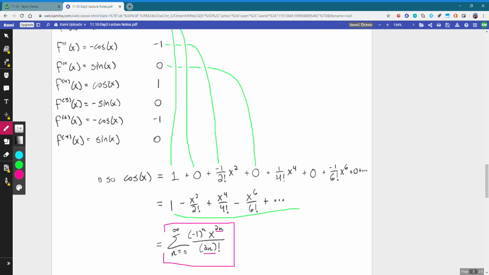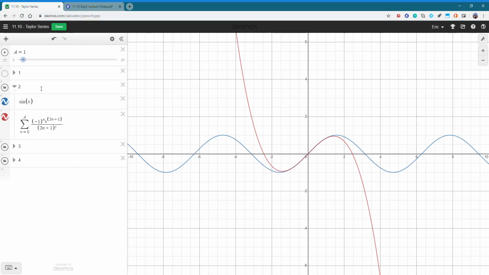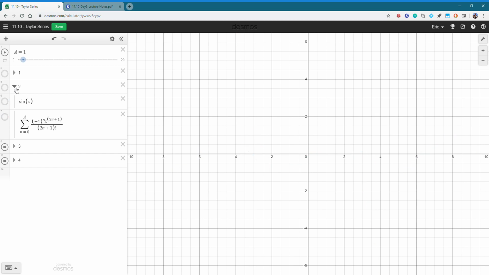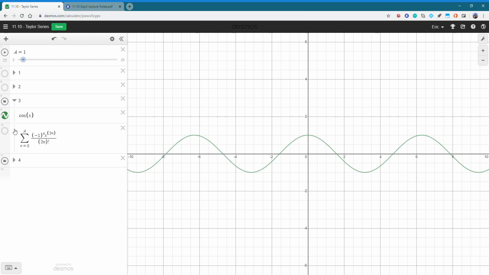And once again, we can see that on Desmos if we jump over there. So there's cosine, and here's the series that we just found. It looks like, starting out, we have just our constant y equals 1.